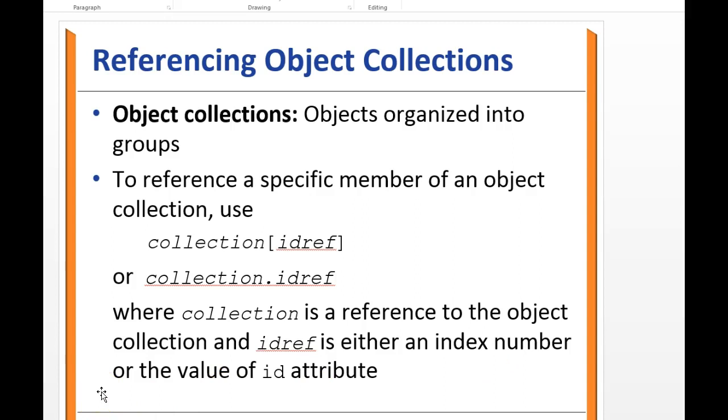Next thing that we are going to talk about is referencing object collections. Objects are organized into groups called object collections. To reference a specific object, we can use collection[idref], where collection is a reference to the object collection, and idref is either an index number representing the position of the object in the collection, or the value of the ID attribute that's assigned to the element.